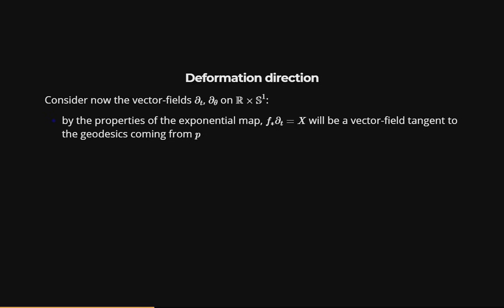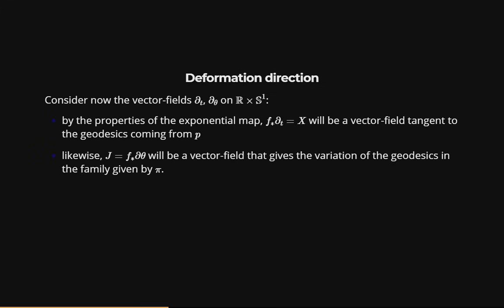The push forward of d_t, the image through the differential of f of d_t, is the vector field tangent to the geodesics, the velocity vector of the geodesics, because it is the derivative in t of the geodesics. Whereas the push forward of partial theta will be a vector field giving the variation. So you have the geodesics coming out from P, and you have the vector field that tells you how the geodesics are varying in this family.